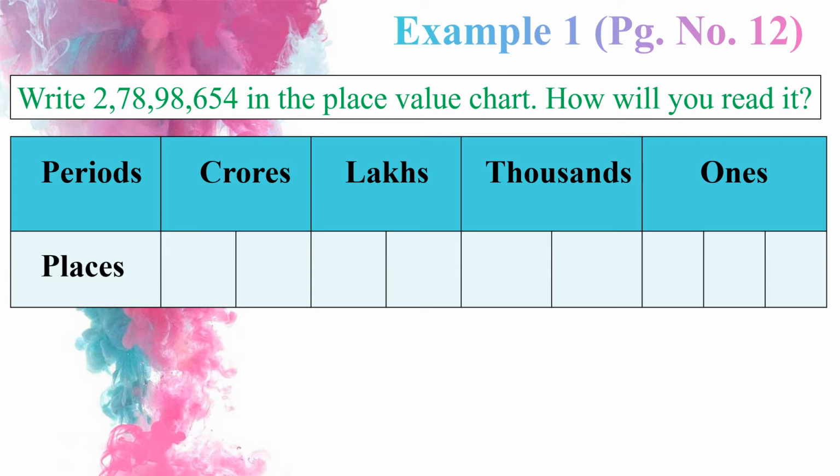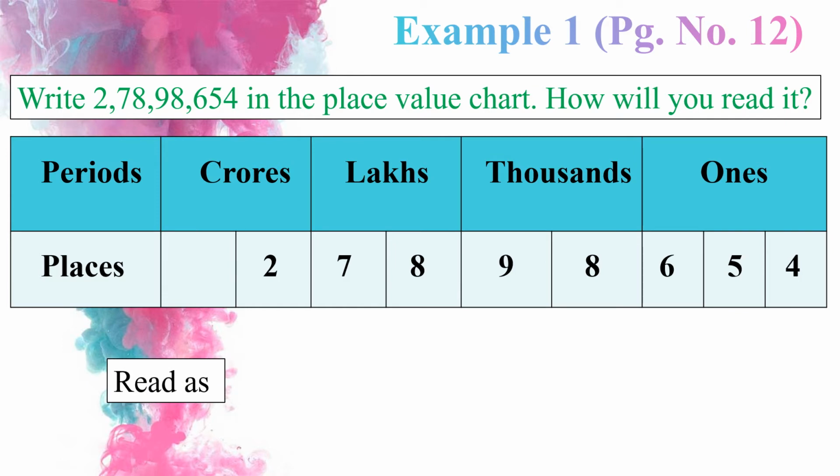Therefore, we need to write the number from right to left. Under ones we have 4, 5, 6. Under thousands we have 8, 9. Under lakh we have 8, 7. Under crore we have 2.